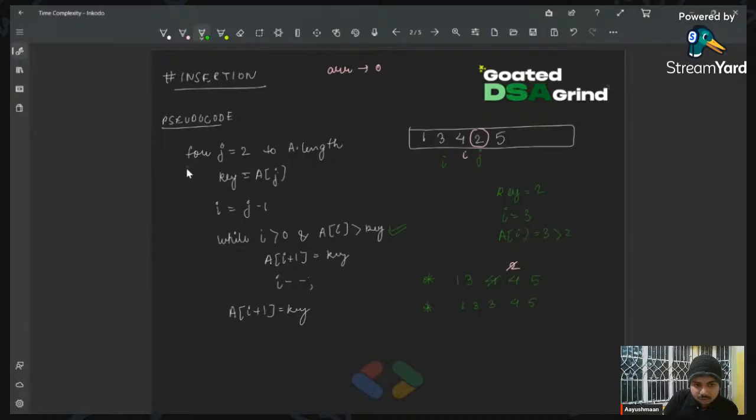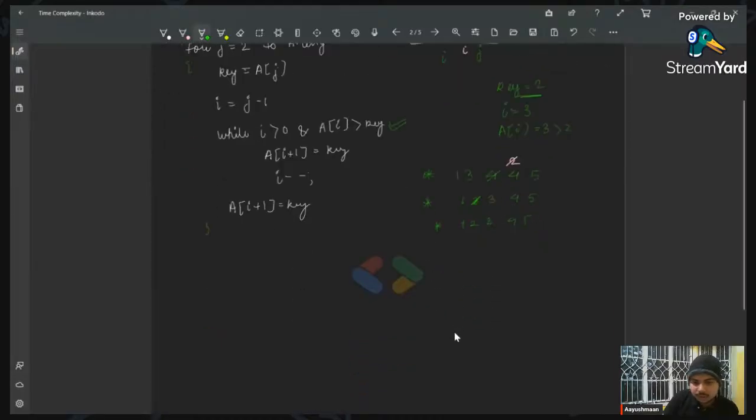The indentation tells you which portion of the code is inside which loop. So now we assign a of I plus 1 equals to key. So this position we now assign back to 2, because our key was 2. So a of I plus 1 is equal to 2. So now we have this in sorted order, right? 1, 2, 3, 4, 5.